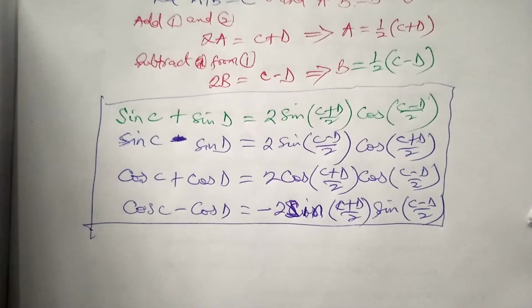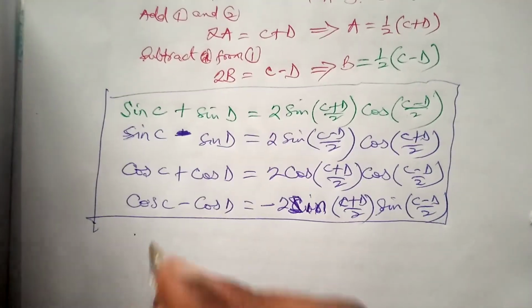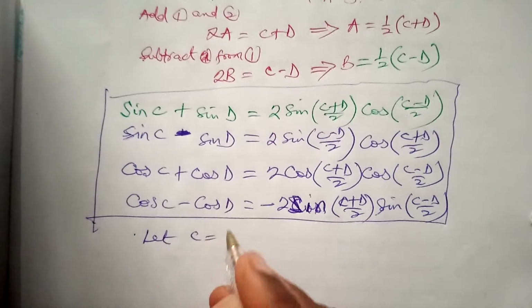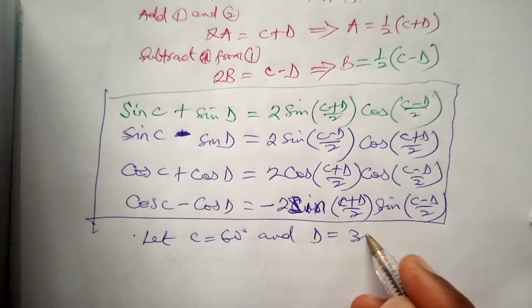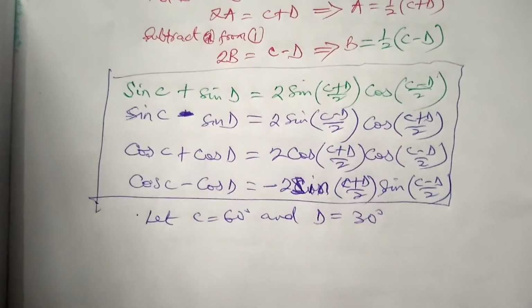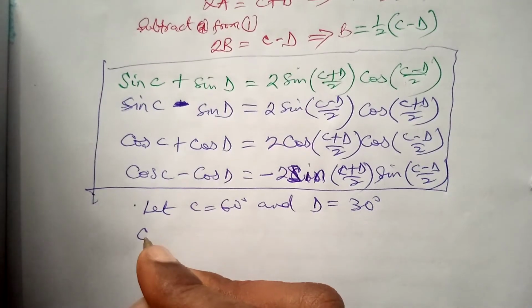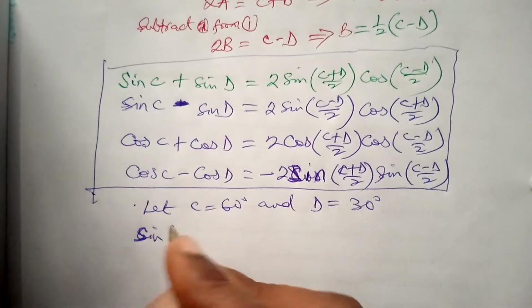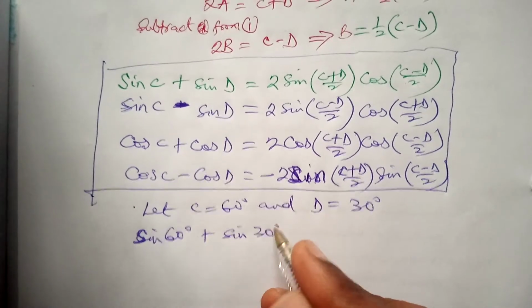If you want to see that these things are true, let C equal 60 degrees and D equal 30 degrees. For instance, sin 60 degrees plus sin 30 degrees, you can use your calculator.